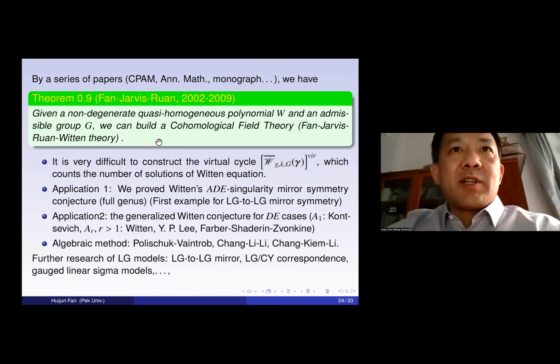Given a non-degenerate quasi-homogeneous polynomial W and an admissible group G, we can build a cohomological field theory, now known as the Fan-Jarvis-Ruan-Witten theory. This theory is a parallel theory to the Gromov-Witten theory in the study of mirror symmetry.